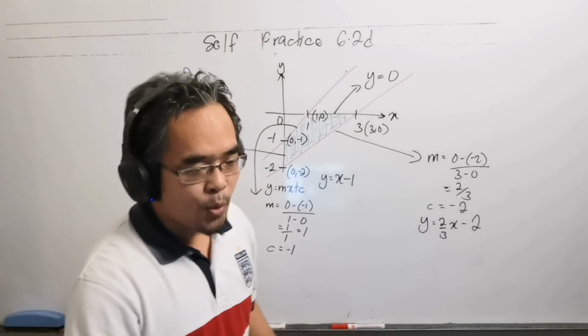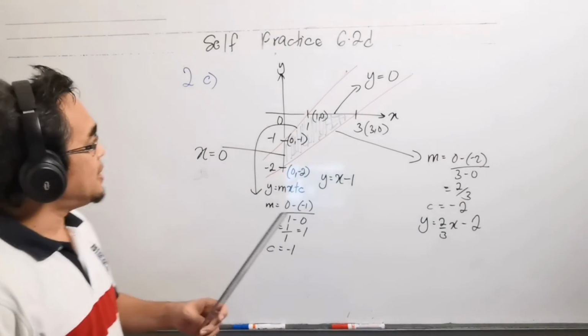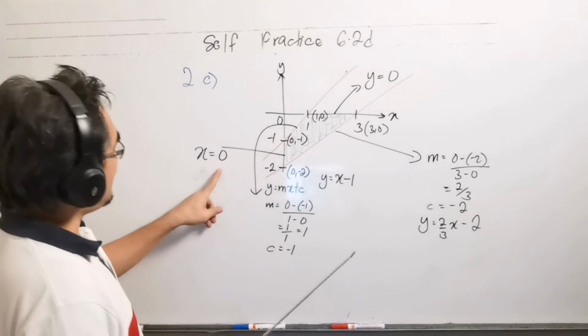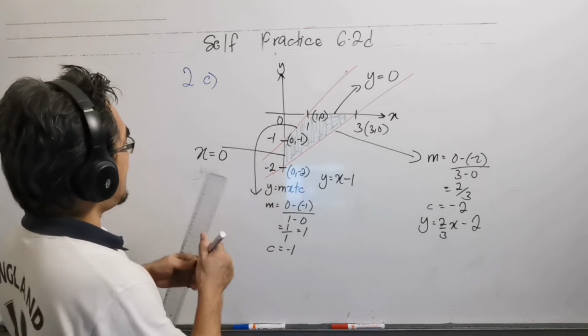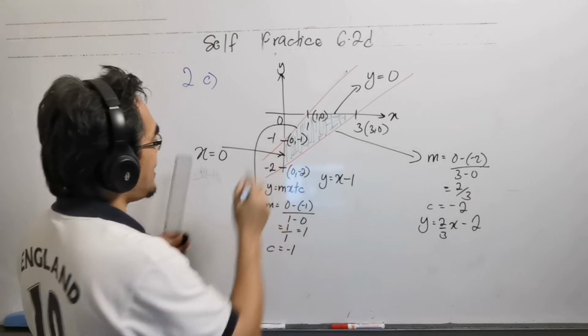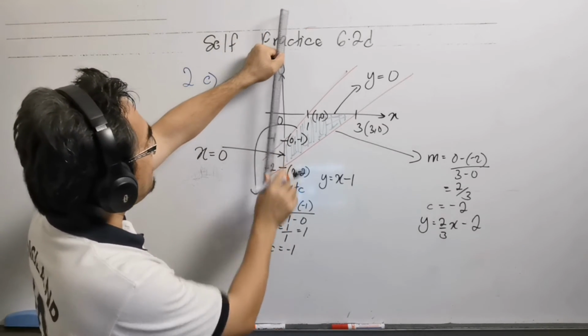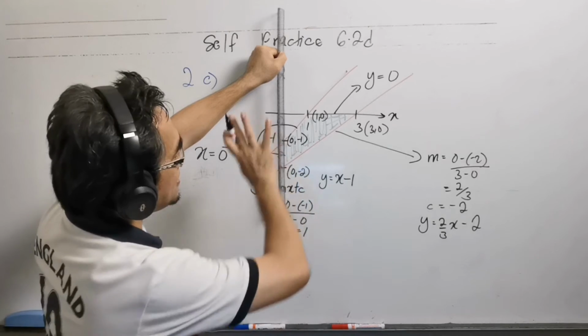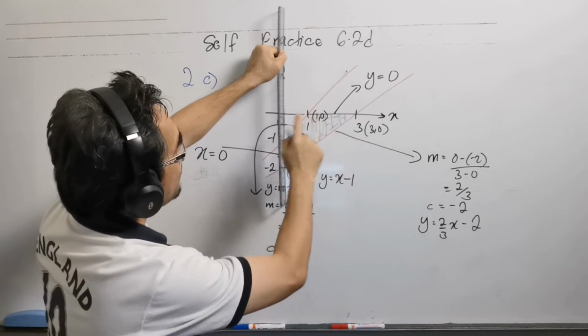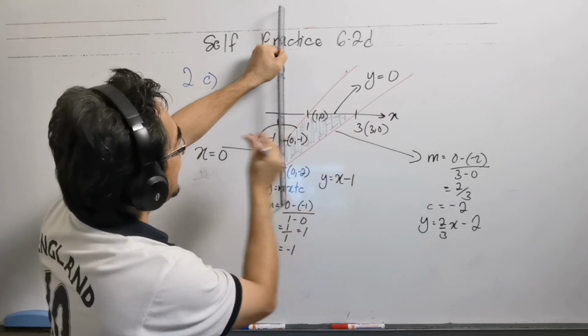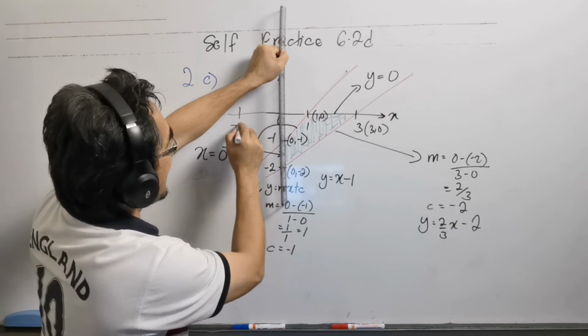So 1, 2, 3, 4, we have 4 equations. Now I'm using the ruler. First, x equals 0 is this line, and the shaded part is on the right. What you have to understand is that, for example, on the right is 3 and on the left is -3.